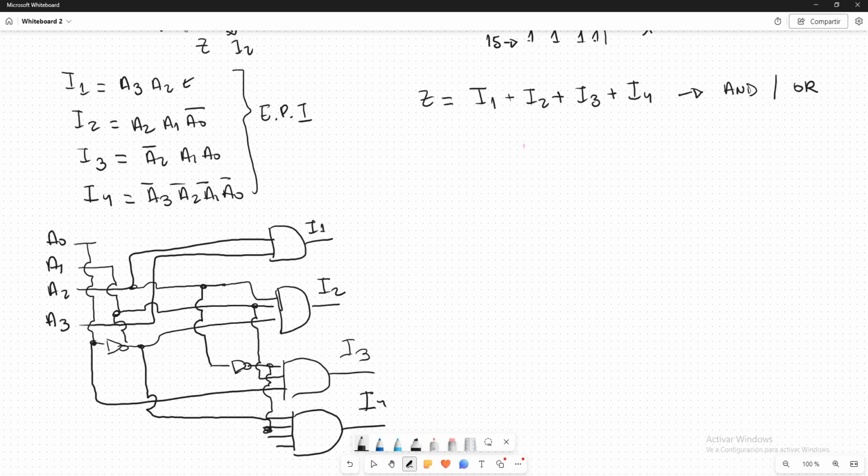Here we have A1, and finally A0 negated.